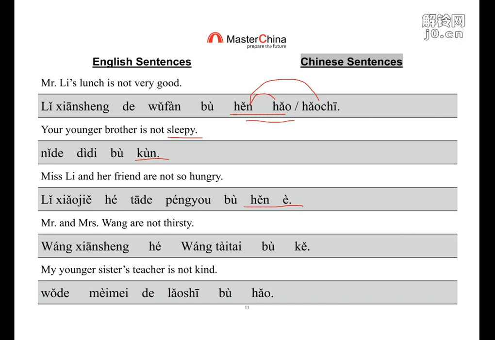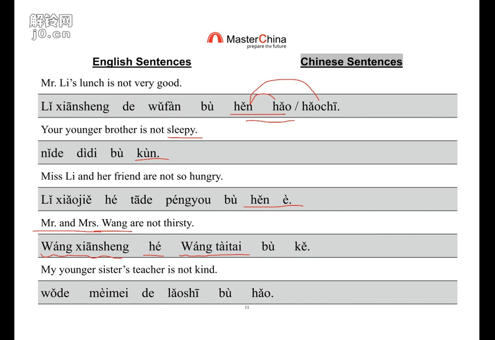Or if you're totally not hungry, maybe eat after the next morning, right? So the meaning is very different. So Mr. and Mrs. Wang, so we should note 王先生和王太太. See, this is the correct translation. Not thirsty, 不渴.